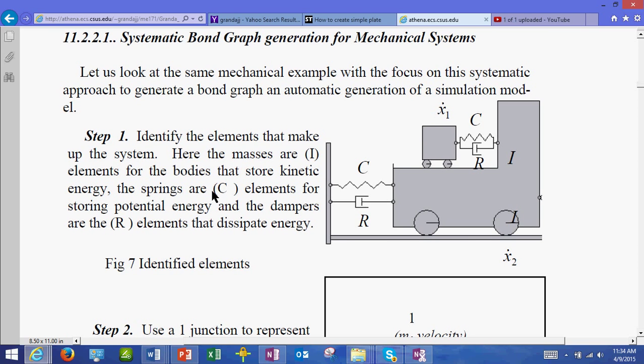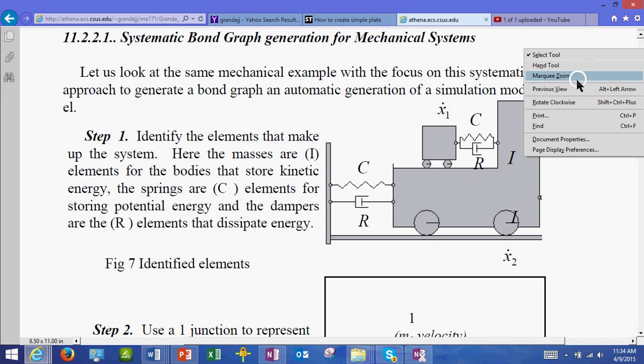So let's go back to the first example that we have in here. This is the cart here, and then you have this other mass.